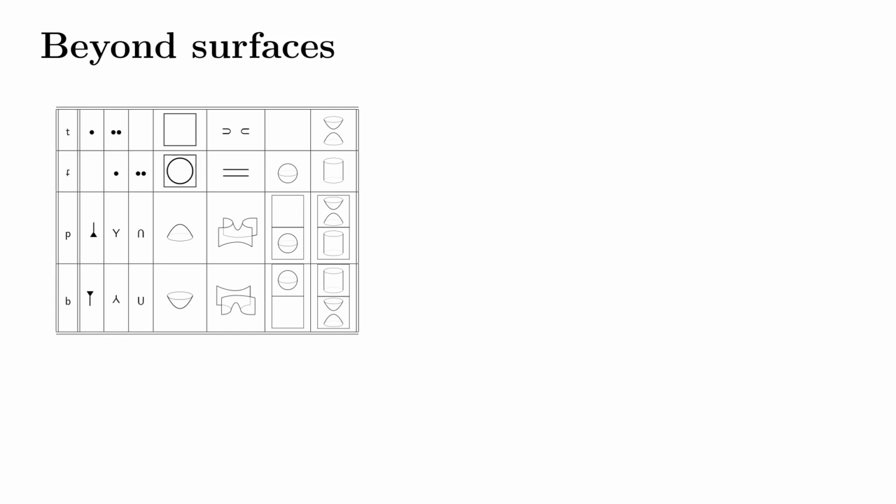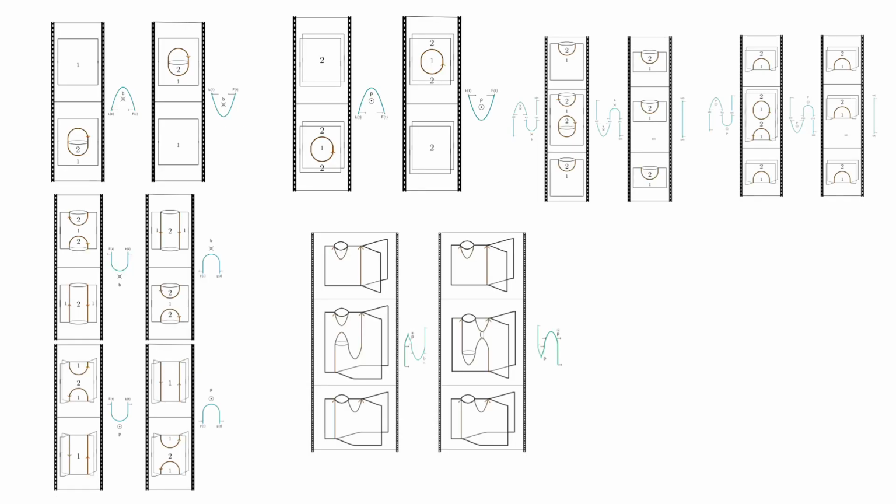So in this multi-category S that we've described, we can start looking at what the higher order arrows are. And we're going to do a little bit of that here and now.